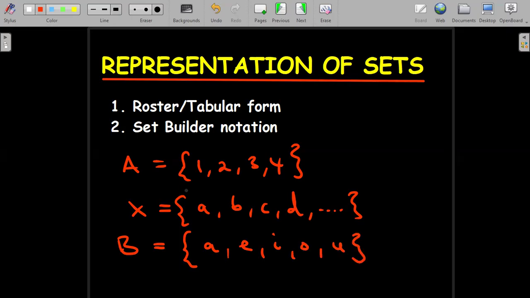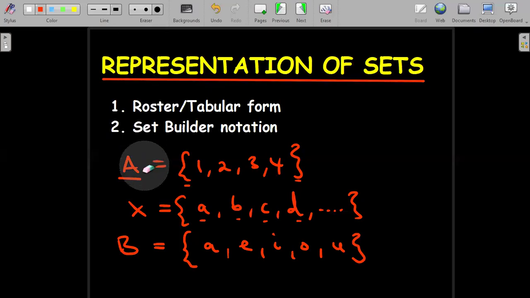So we can see that we're using these braces, and to denote the set, we've used the capital letter. To list these elements, we've used the lowercase letters. So this is a form of representation of the set, and this is called roster or tabular form.